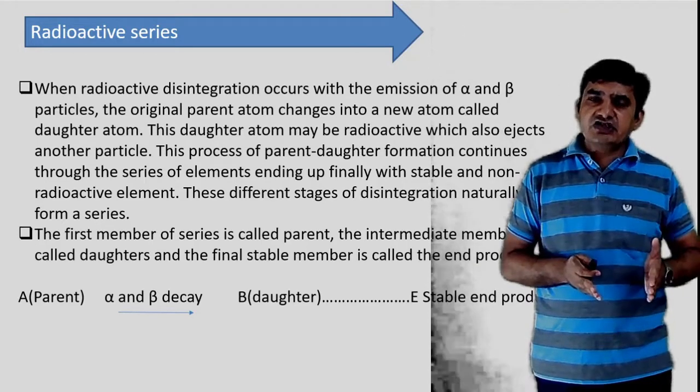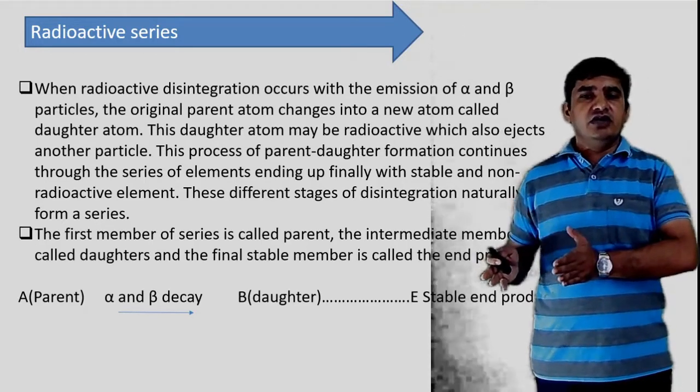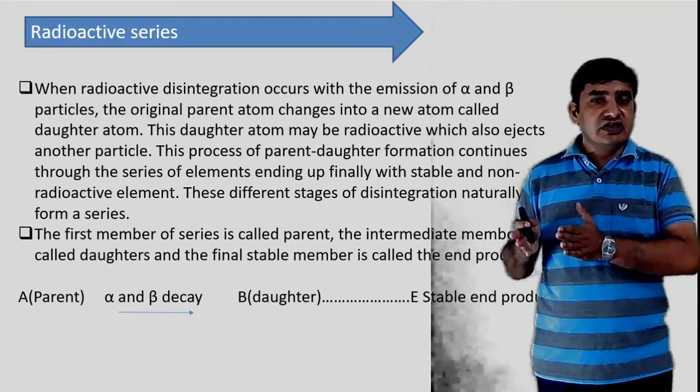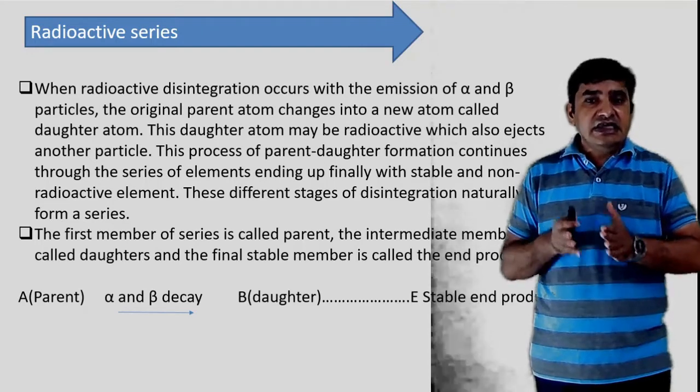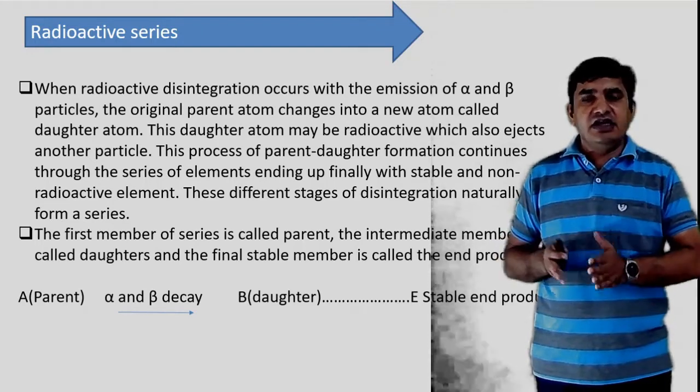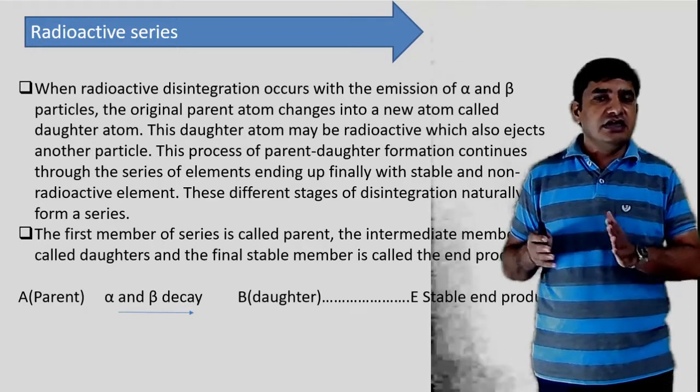The disintegration of the daughter is also carried out up to the end product, element E, which is a stable element.